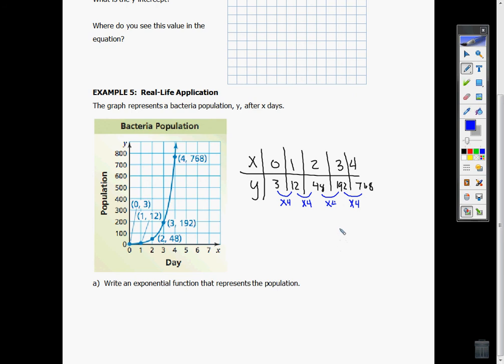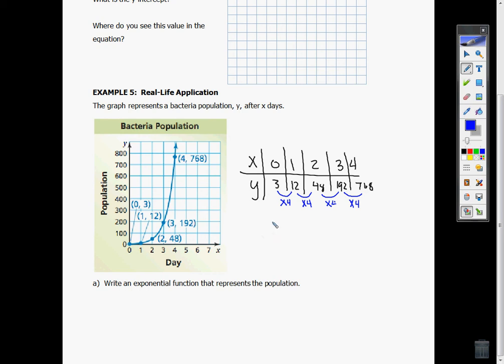What else do we need? The y-intercept. What is the y-intercept? Well, what do we know about y-intercept? The y-intercept is where x equals 0. Right here, 0, 3 is our y-intercept.